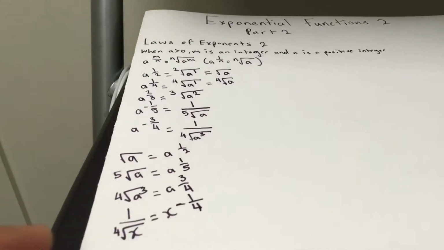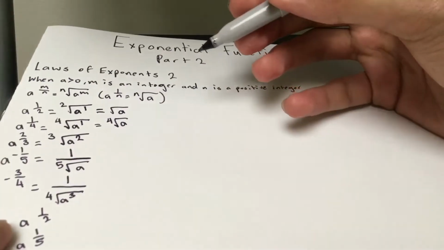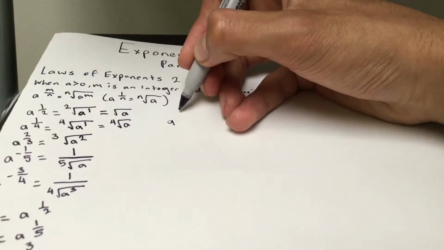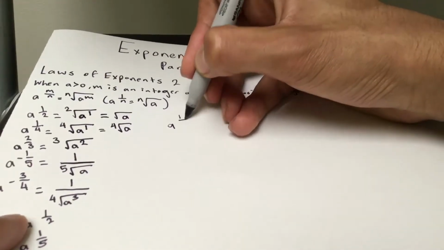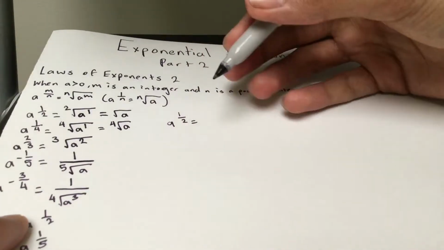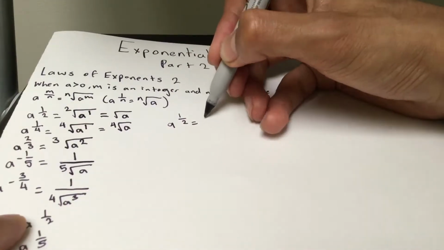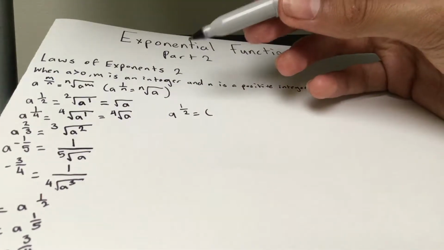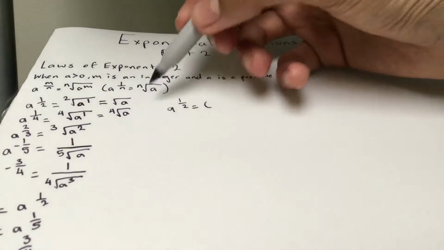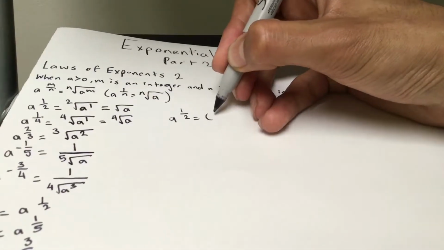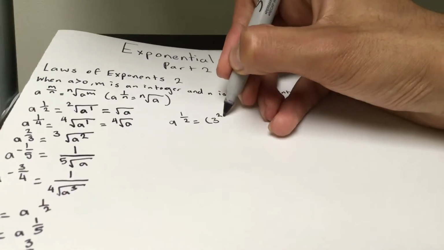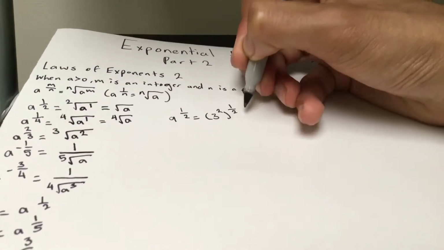Okay, so now let's move on to some complex questions. We'll just start off with an easy one, and then we'll do a complex question after for a warm-up. Let's do 9 to the power of half. The first thing you need to do is change 9 into a different form. We can write this as 3 squared, and then we put our half, our exponent.